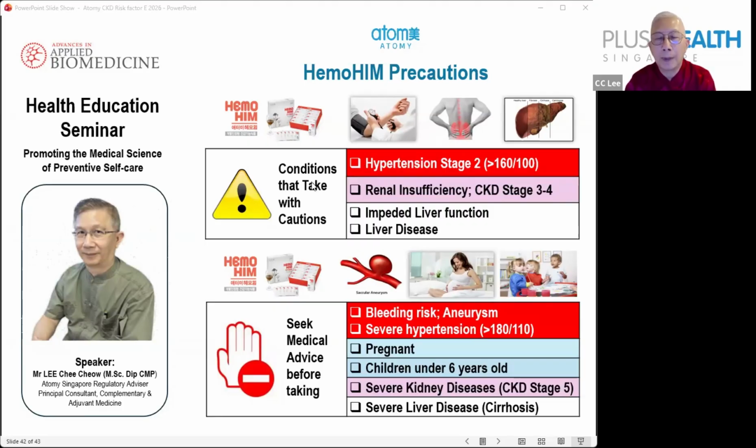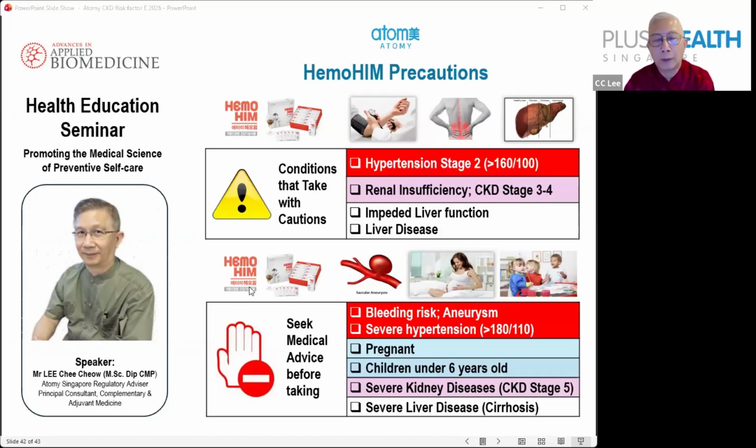This group of people should take precaution and be careful about the dosage they take with hemohin, right? They should start with a low dosage and see whether there are any changes in their health or in the particular disease condition they are suffering from, right?